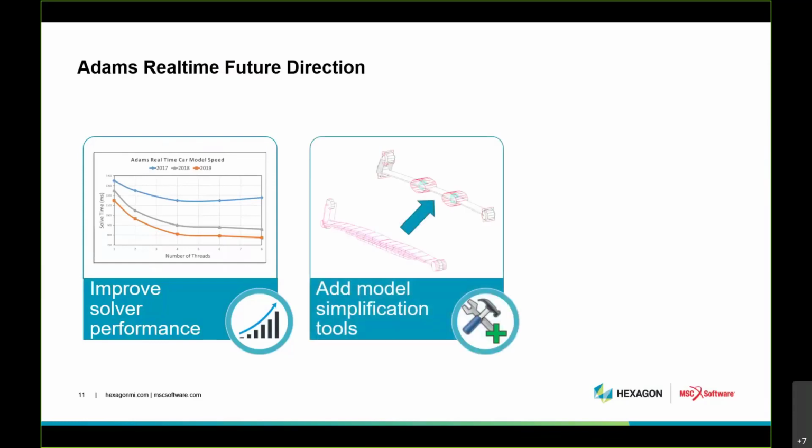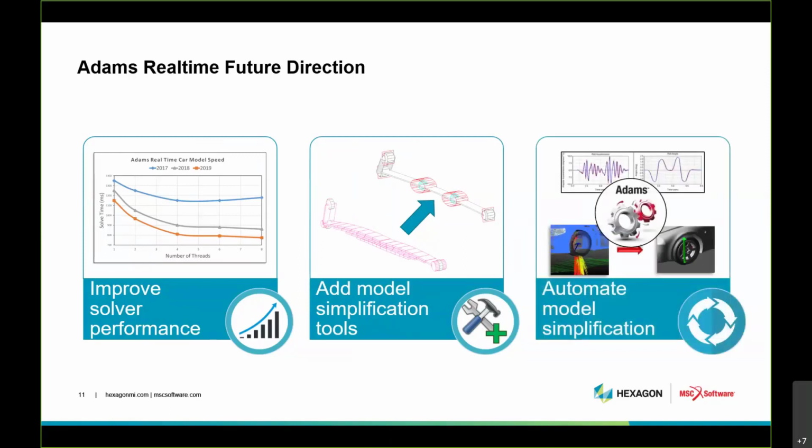The other area is to look at where we can help in simplifying advanced models, whether they're leaf springs and bushings, and provide tools that can automatically simplify those down to faster solving representations, which still give a good results representation as well.